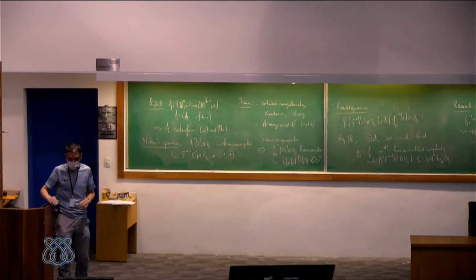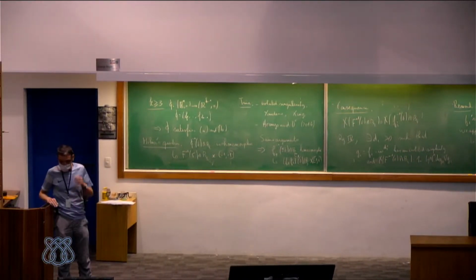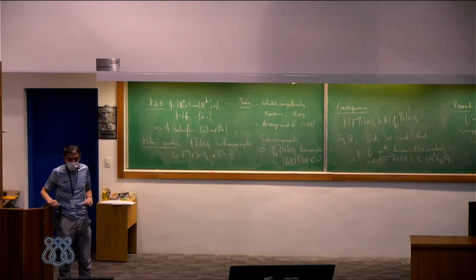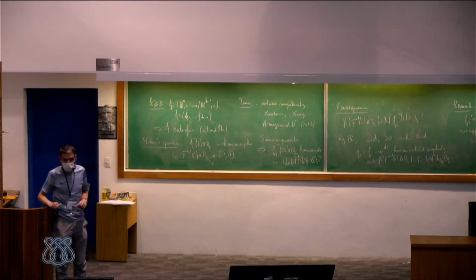People have questions? For the things to work, you need the map to R^(k-1) to define a complete intersection.